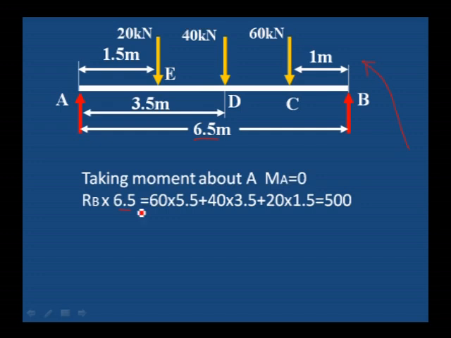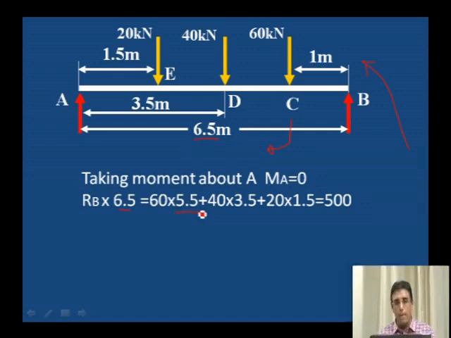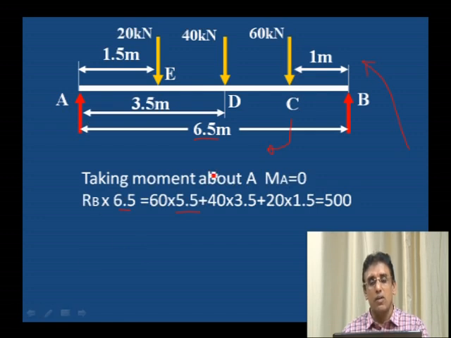If we write here minus 60 into 5, instead of that I have transferred it to the right hand side. 60 into, this is clockwise moment, 60 into distance from C to A. Total distance is 6.5 minus 1 meter, 5.5. So 60 into 5.5.